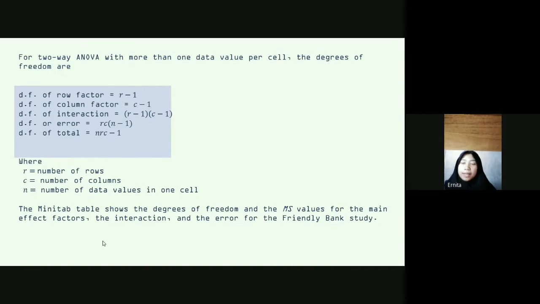The Minitab table shows the degrees of freedom and the MS values for the main effect factors, the interaction, and the error for the friendly bank study.